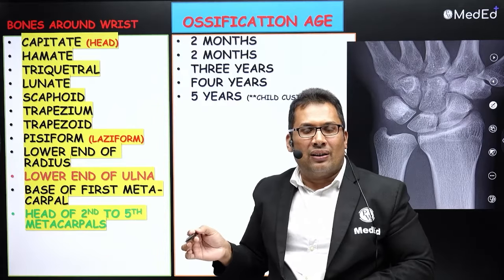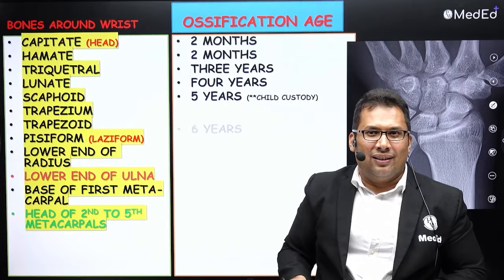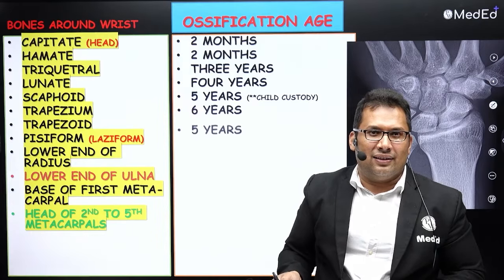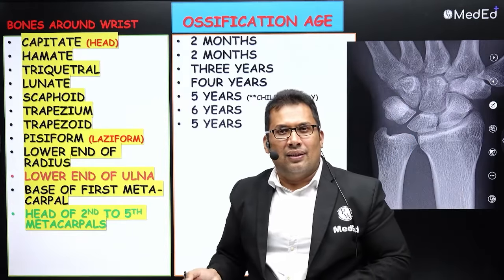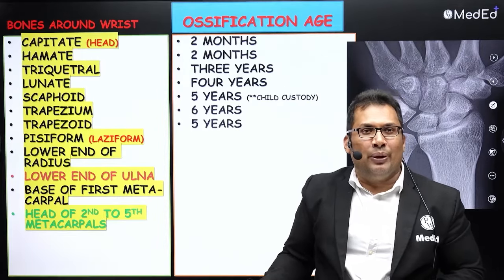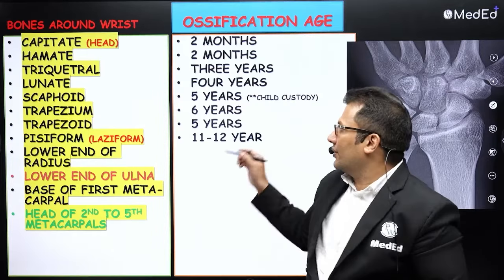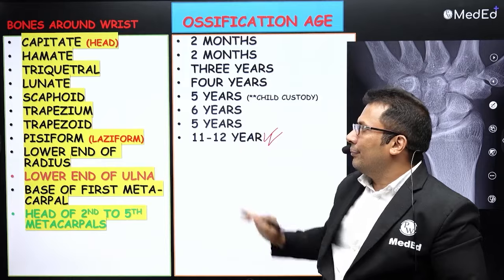Trapezium and trapezoid, they are very good friends, like Jadeja and Dhoni, 6 years. Pisiform, I remember pisiform, P shaped bone, around 11 to 12 years. So this is simple.